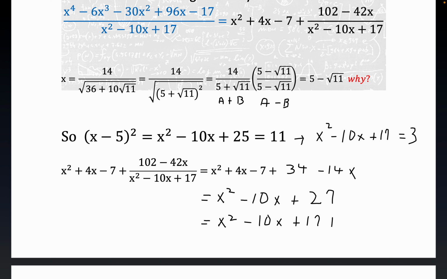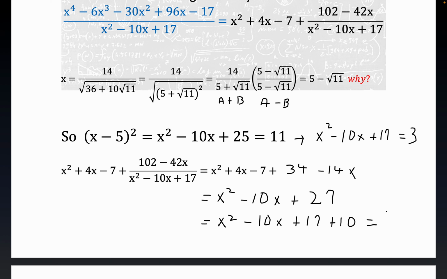And here you're using that result twice, which makes it a nice competition problem in my opinion. Now we know from our work right here that x squared minus 10x plus 17 is equal to 3. This entire piece is equal to 3, and so this is equal to 13, our final answer.